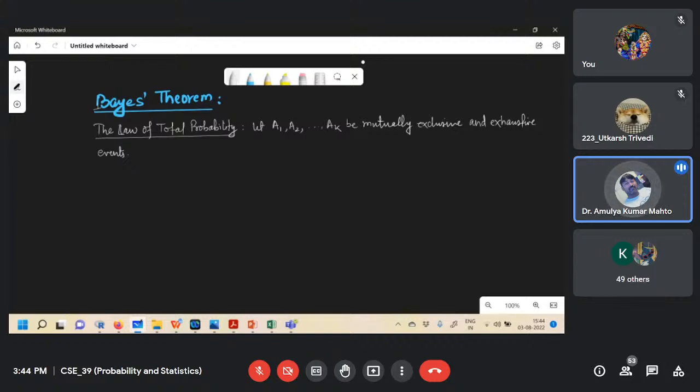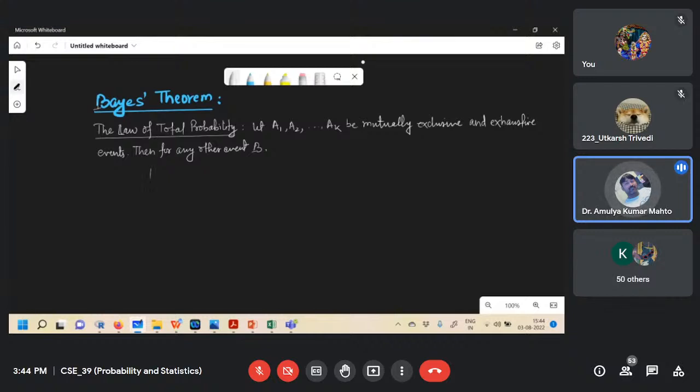Then for any other event B, where B is any other event, and suppose it may be a subset of the sample space. It is not specified how B is defined.